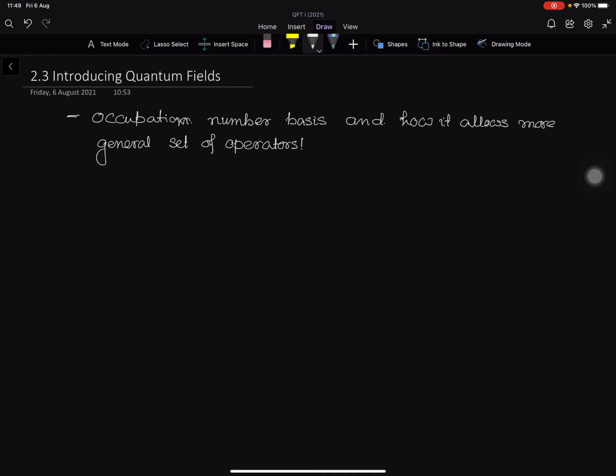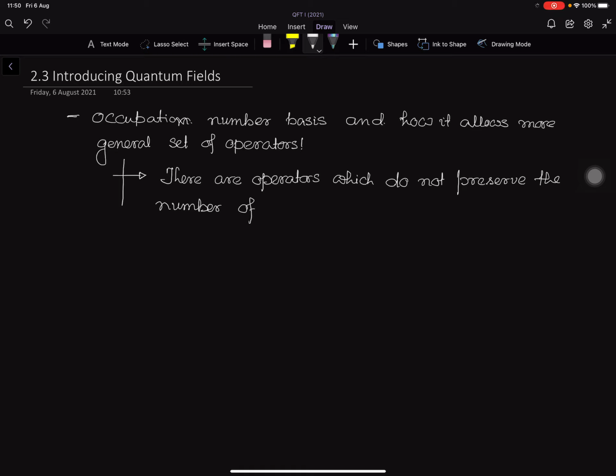So in particular, there are operators which do not preserve the number of particles, for example something like this.